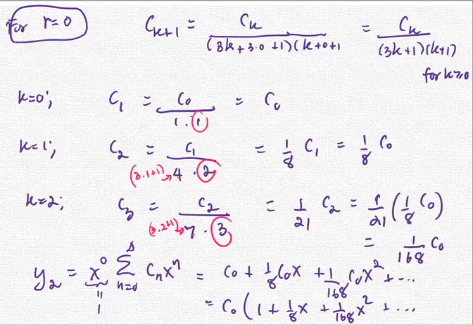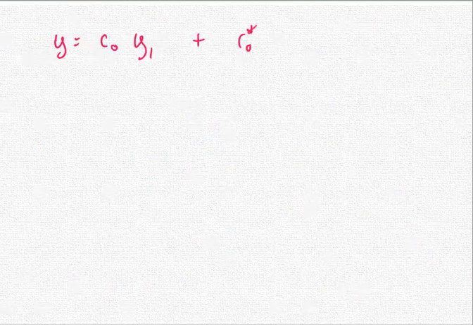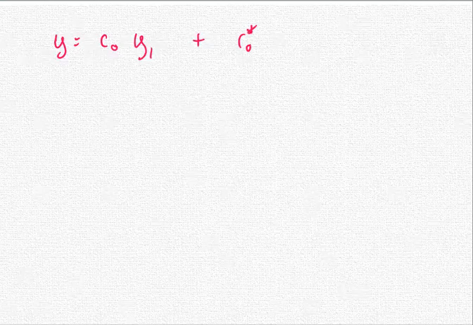So in summary, we have the power series solution form of this problem as c0 times y1 plus, I call the second one c0 star, times y2.